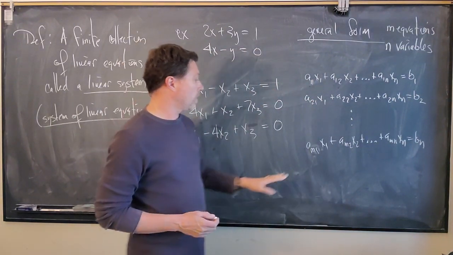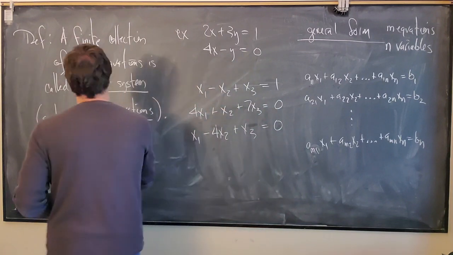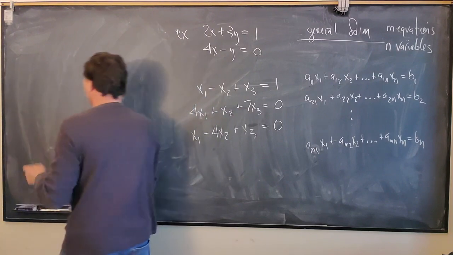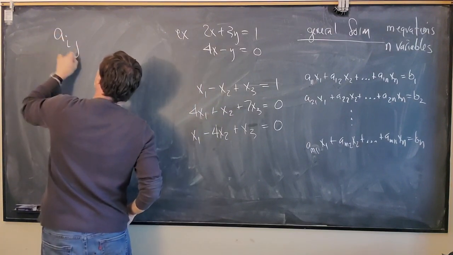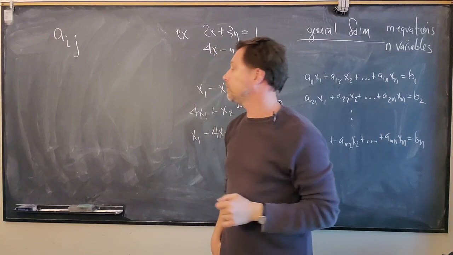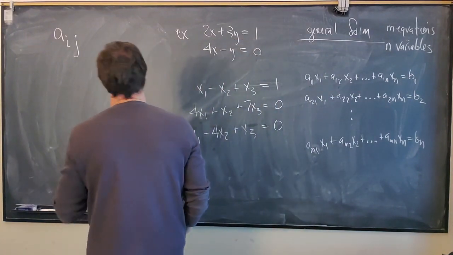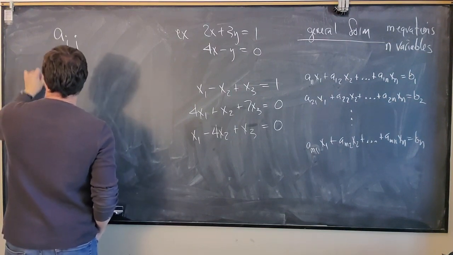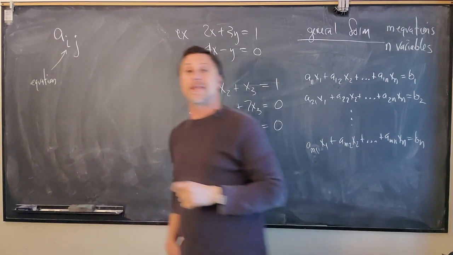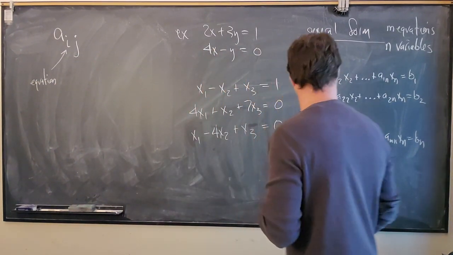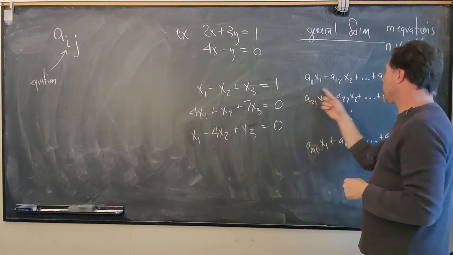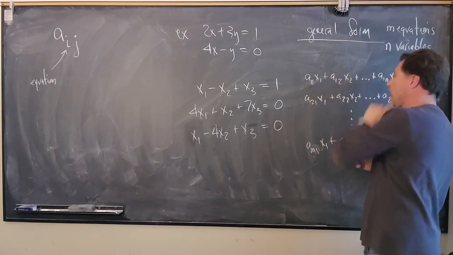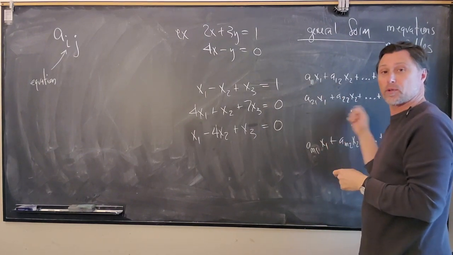So the coefficients, let's write this down. A typical coefficient is going to be of the form a sub ij, right? The first subscript tells you which equation it belongs to. So for example, in the first equation, all of the coefficients have a 1 as the first subscript. In the second equation, all the subscripts have a 2.